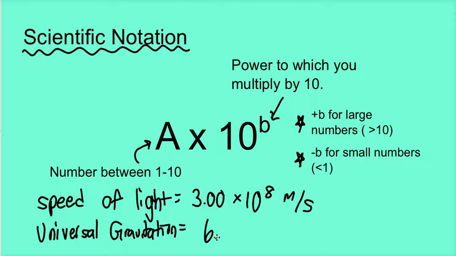It is 6.67 times 10 to the negative 11. Okay, so positive B for big numbers, negative B for small numbers. So let's look at some examples of converting between regular notation and scientific notation.